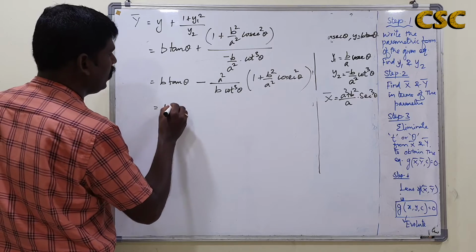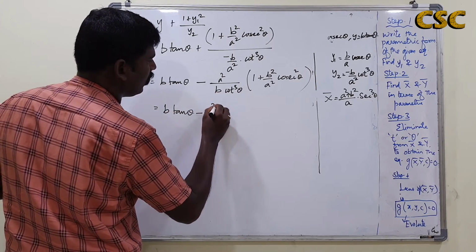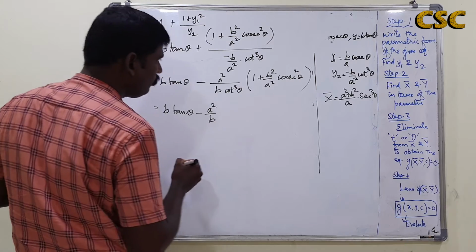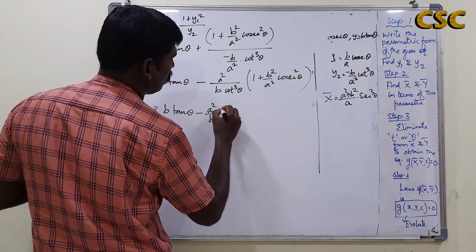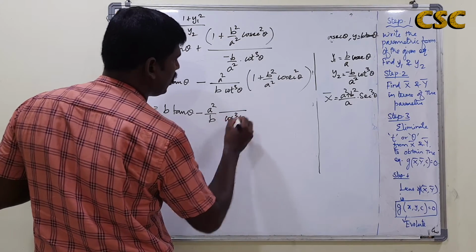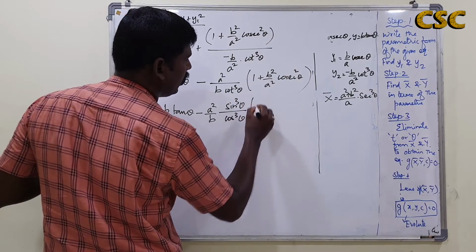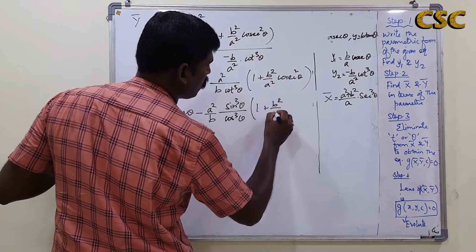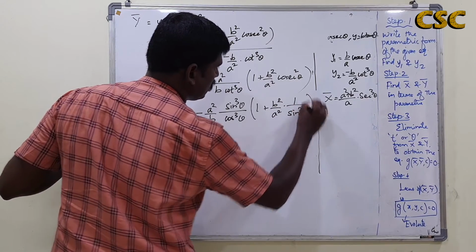That is equal to b tan theta minus, this can be written as a square by b cot cube theta. What is cot cube theta? Cos cube theta by sin cube theta. Take the sin cube theta to the numerator into 1 plus b square by a square into, what is the value of cosecant square theta? 1 by sin square theta.